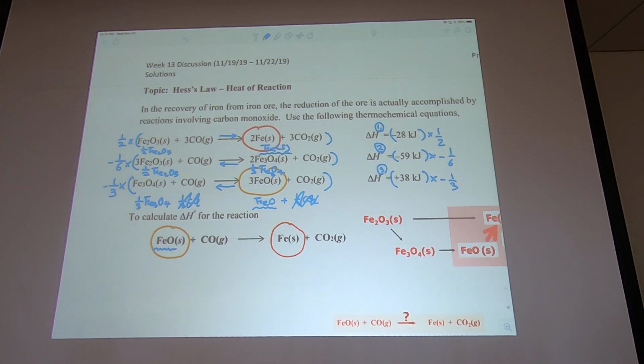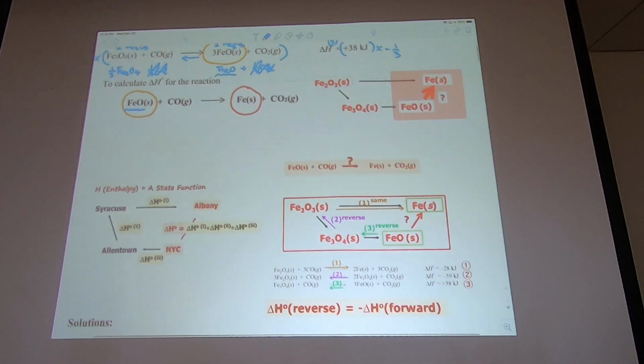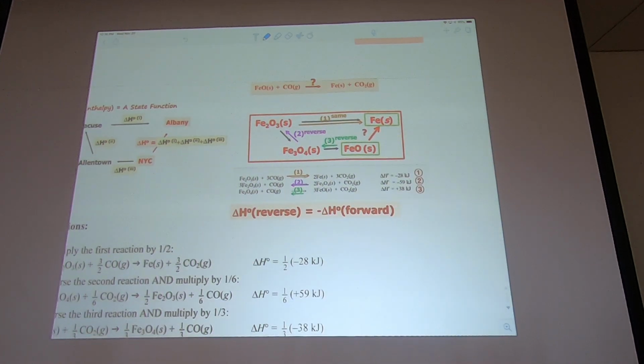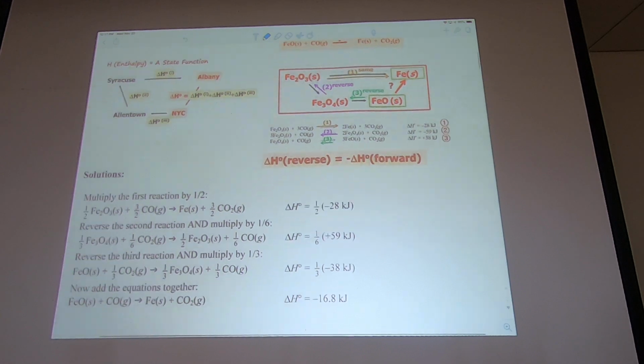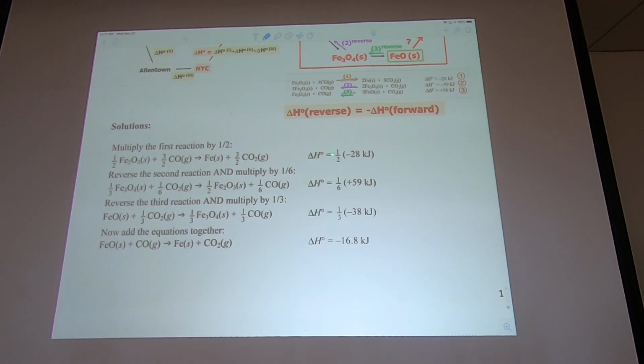That's how I chose those numbers to get to where you are. So you can follow me now. This is a backward reaction and this is a forward reaction. This is all reversed, meaning a sign change of the value shown up here. This is the same direction.